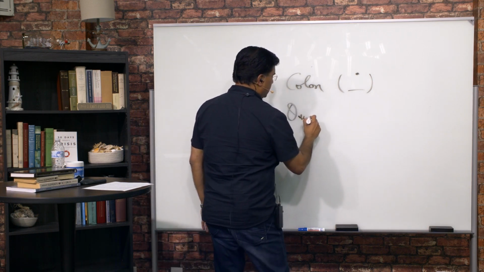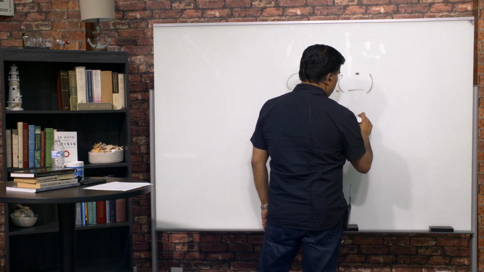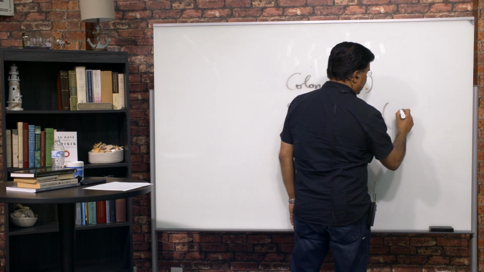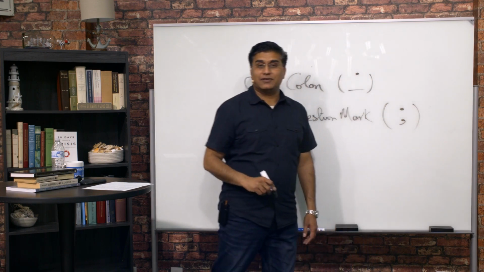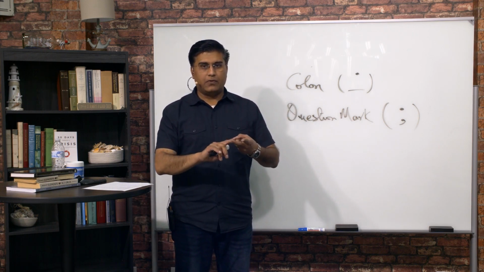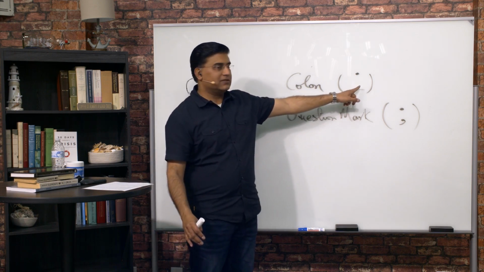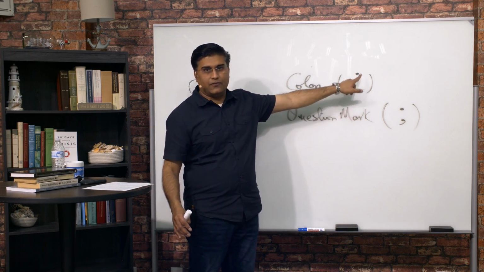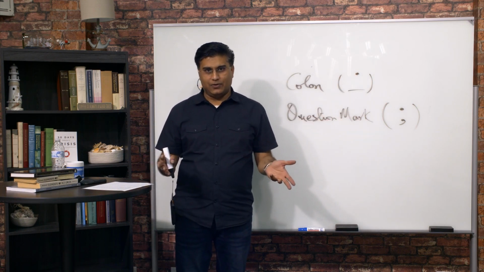How is the question mark written in Greek? Question mark in Greek is a semicolon in English. So for punctuation, comma and period are exactly the same. Colon does not have the second dot below the top one, and question mark is a semicolon.